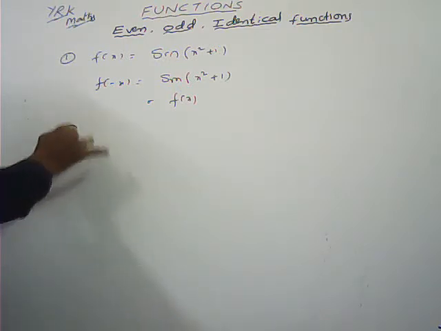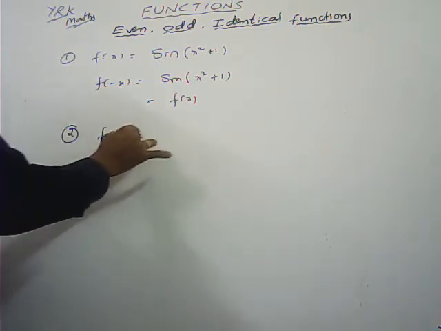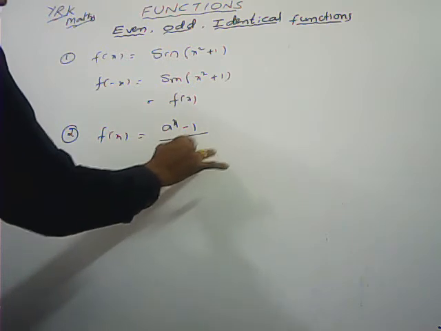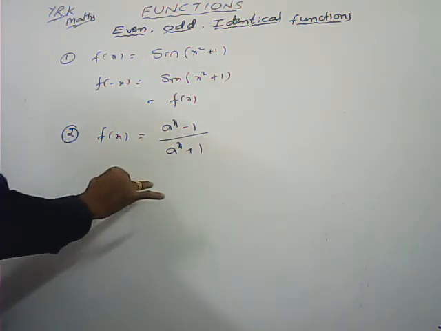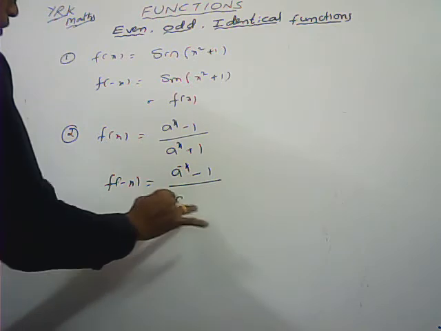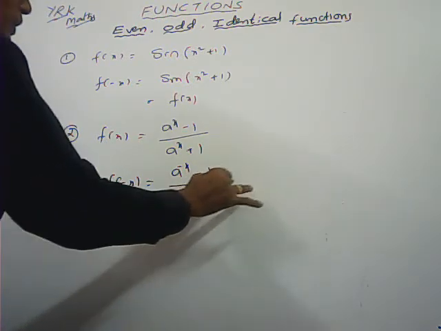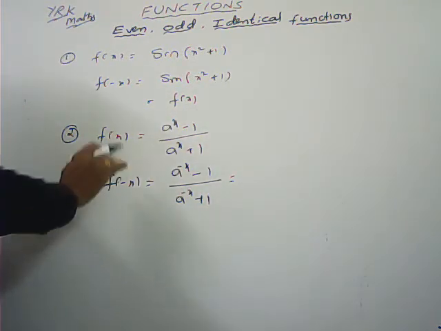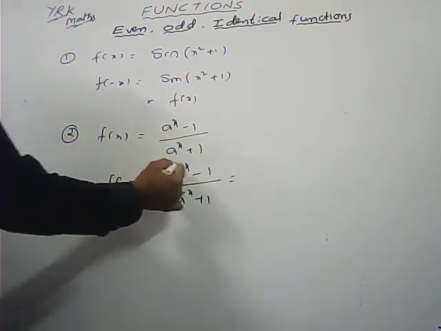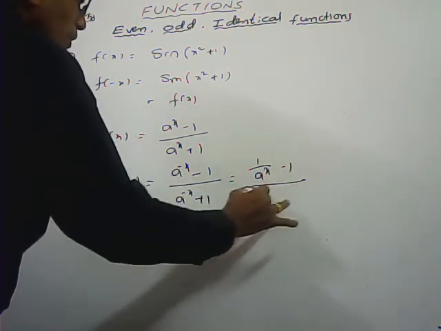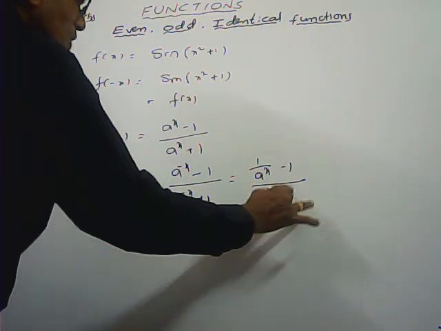Second one, f of x equals a power x minus 1 by a power x plus 1. Now f of minus x is equal to, replace x by minus x, a power minus x minus 1 by a power minus x plus 1. Now we can simplify that, to see whether we are getting the same function or not. A power minus x we can write as 1 by a power x, so 1 by a power x minus 1 by 1 by a power x plus 1.